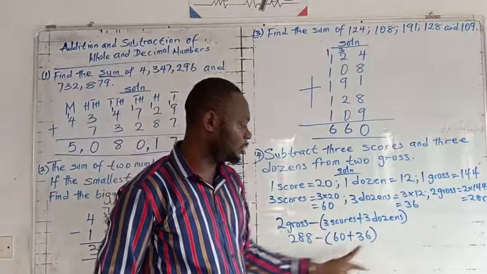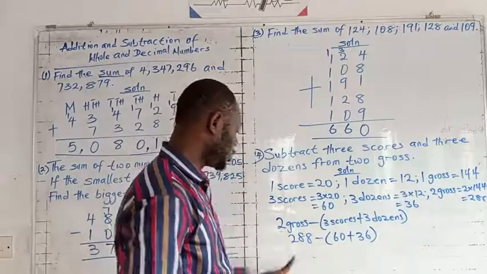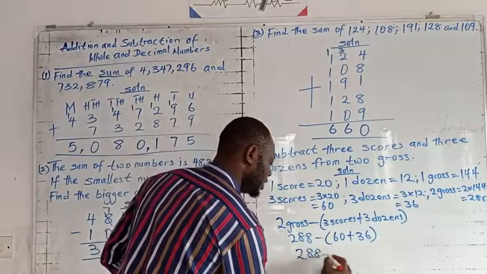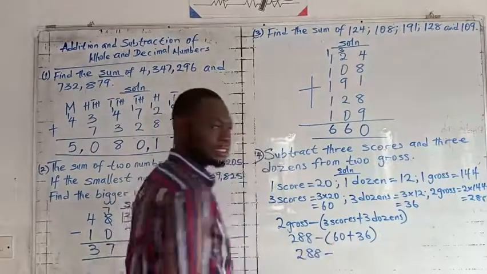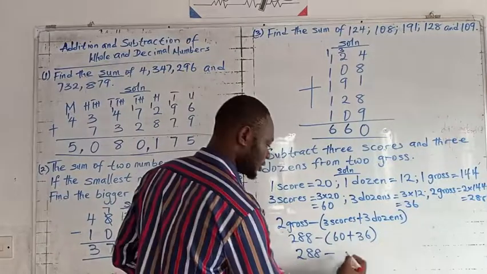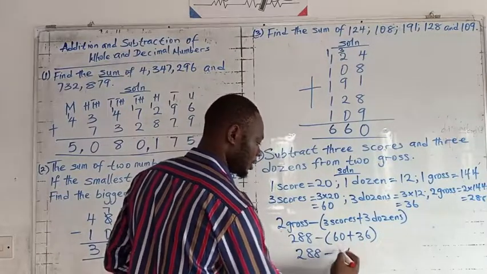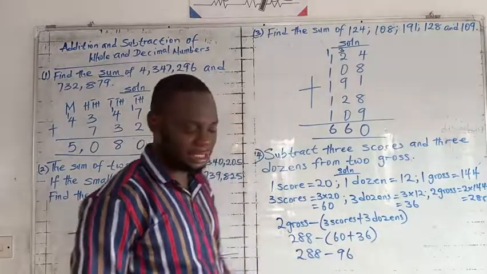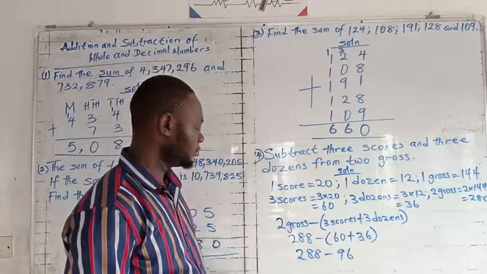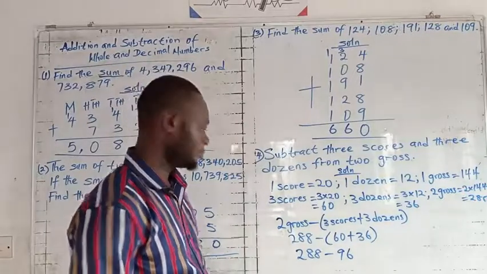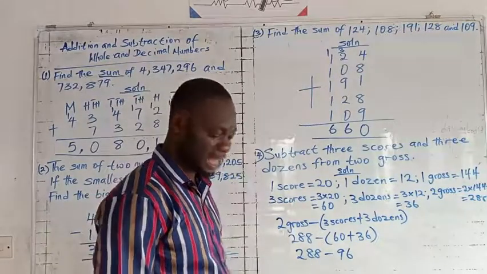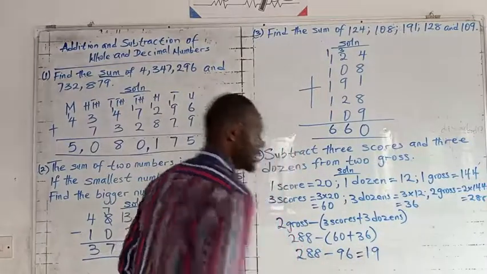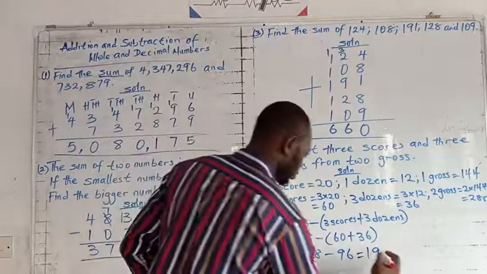Remember, you first do the addition in the bracket before you do the subtraction. 0 plus 6 is 6, 6 plus 3 is 9, meaning that 60 plus 36 is 96. So we now subtract: 288 minus 96 will give us 192.